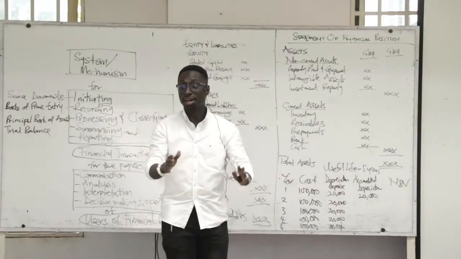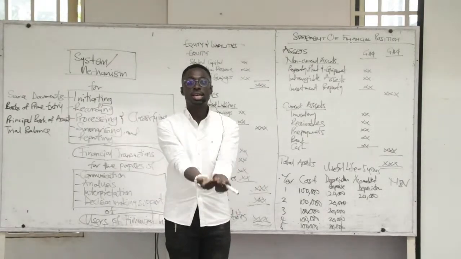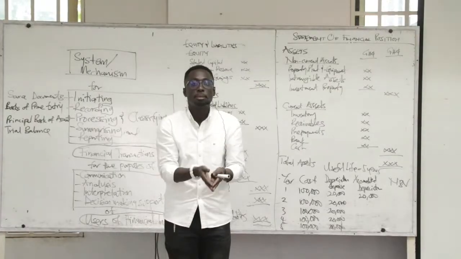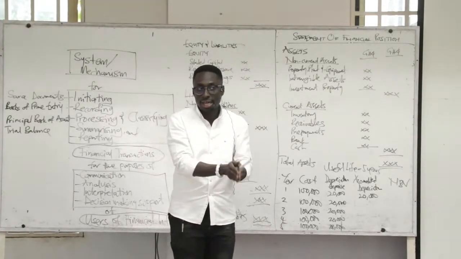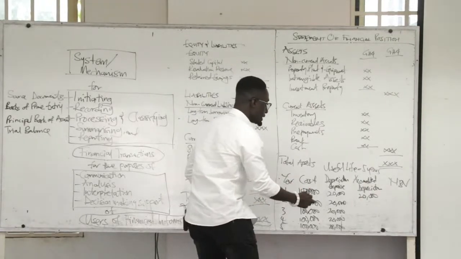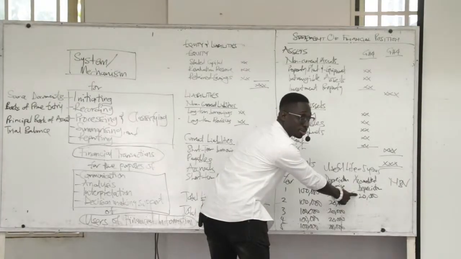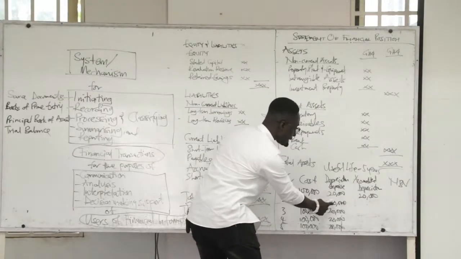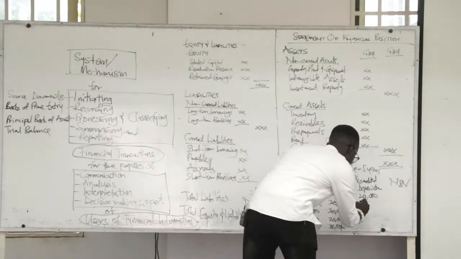The formula for accumulated depreciation is the previous year's accumulated depreciation plus the current period's depreciation expense. Does that make sense? Good. So here you have this, which is the previous year's accumulated depreciation, plus this, which is the current year depreciation expense. All right?